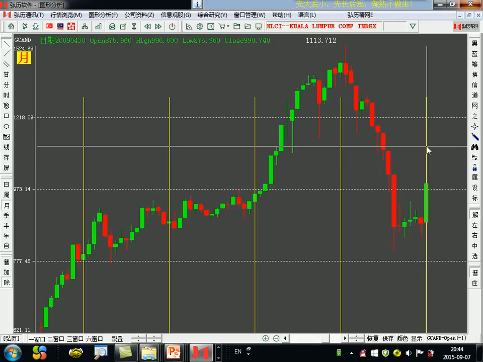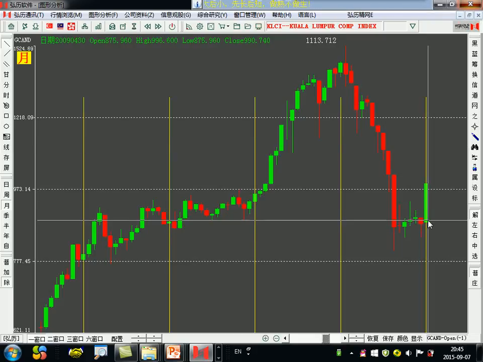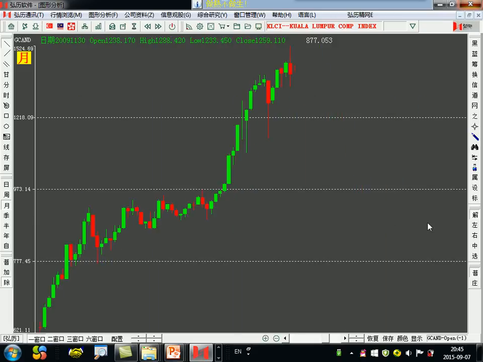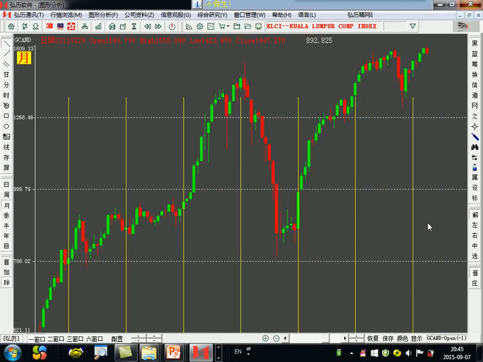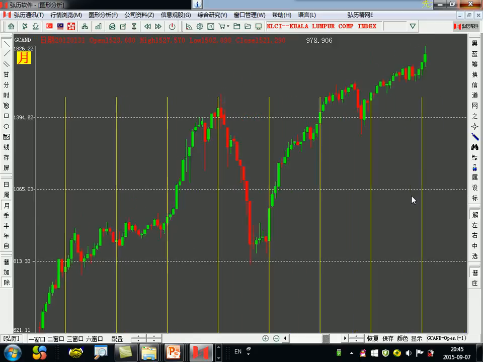And here should be uptrend or downtrend. Another 17 weeks, 17 months passed. Here should be the beginning of another bull market. In 2009, this bull market begins from here. And then you can see here is another low point.